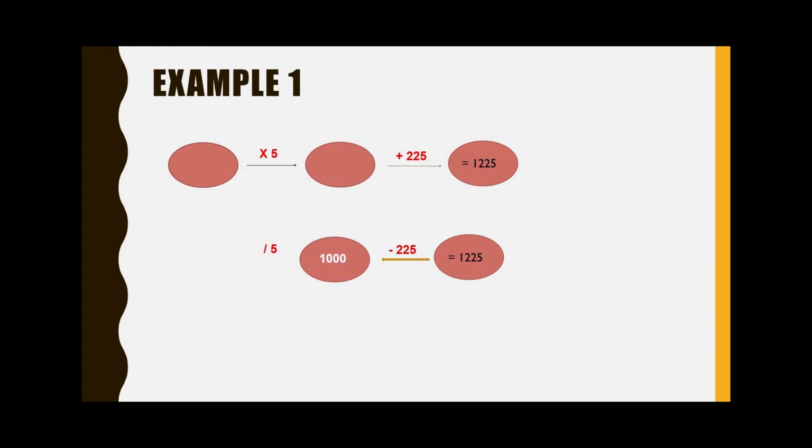So we have 1225 as our final answer. 1225 minus 225 equals 1000. 1000 divided by 5 is equal to 200. So our first number is 200.